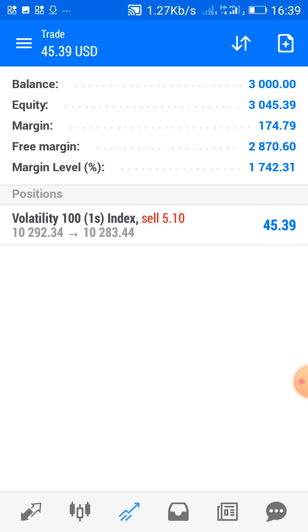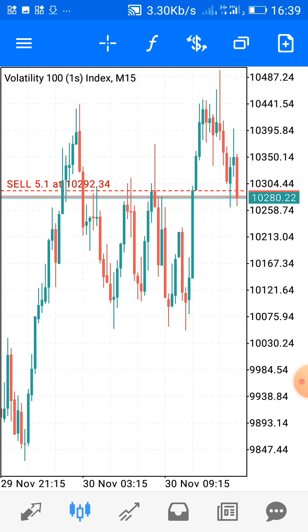As you can see now, I have a profit of $45. I told you that I am pretty sure this trade is going to give profits. As you can see now, $74 profit, $64 profit. This is going to move down.